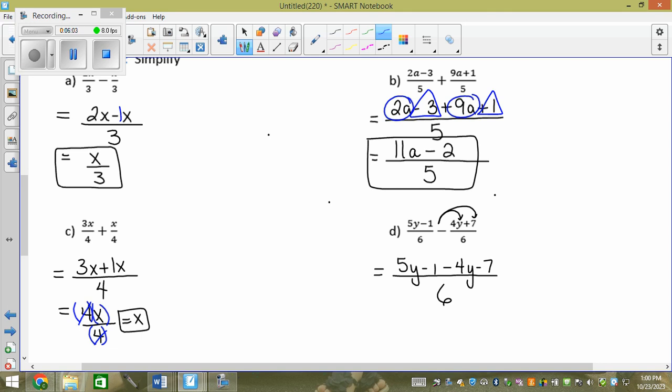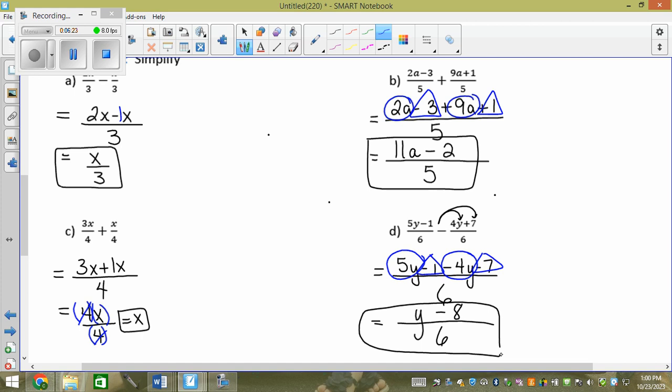So you collect like terms, it's all over 6. So we get 5y minus 4y is what? y. And then minus 1 minus 7 is minus 8. If you forget to subtract that 7 and go minus 1 plus 7 and put a 6, it will be wrong.